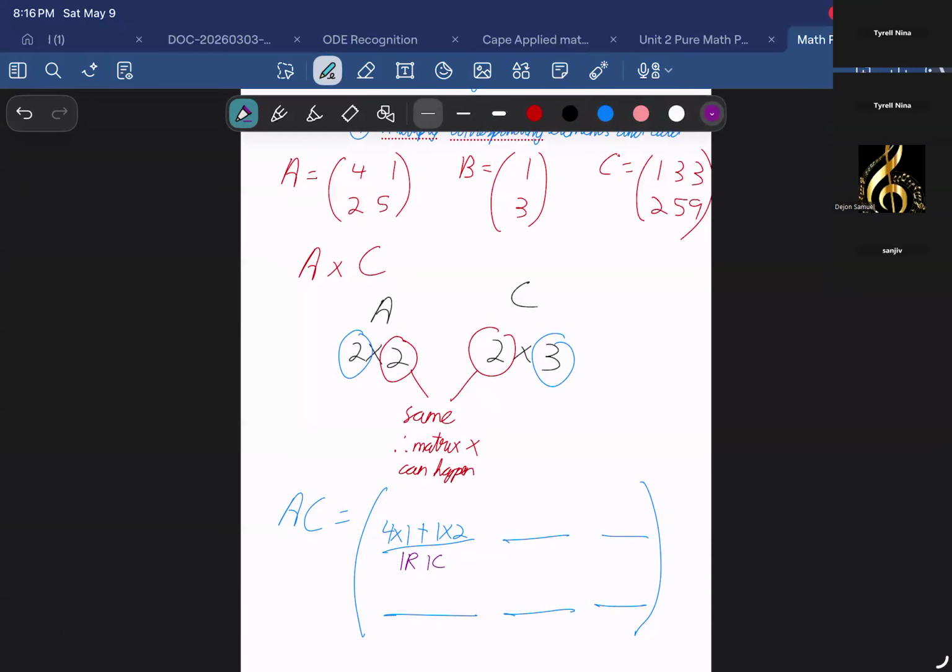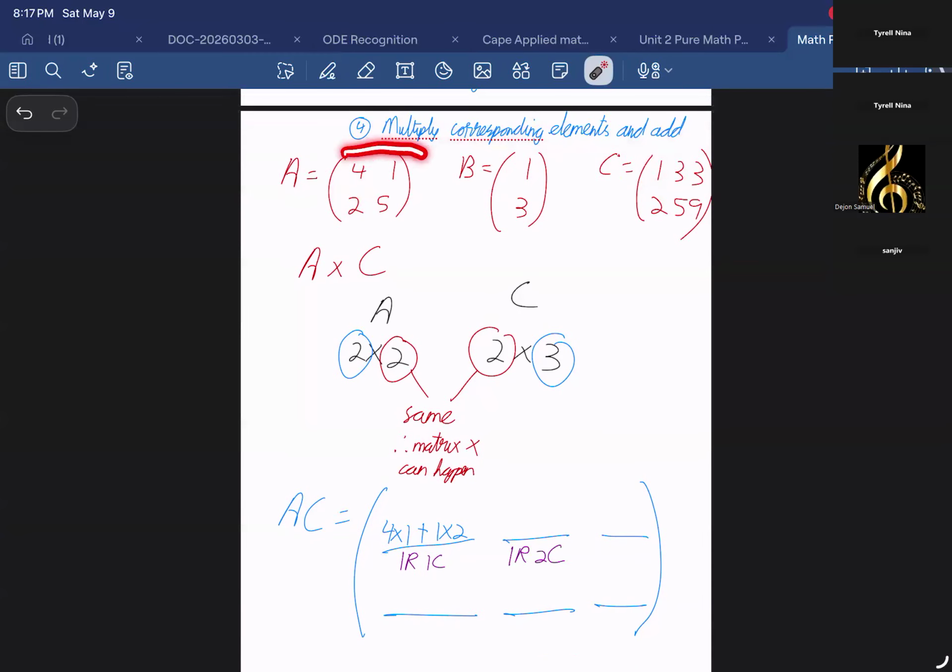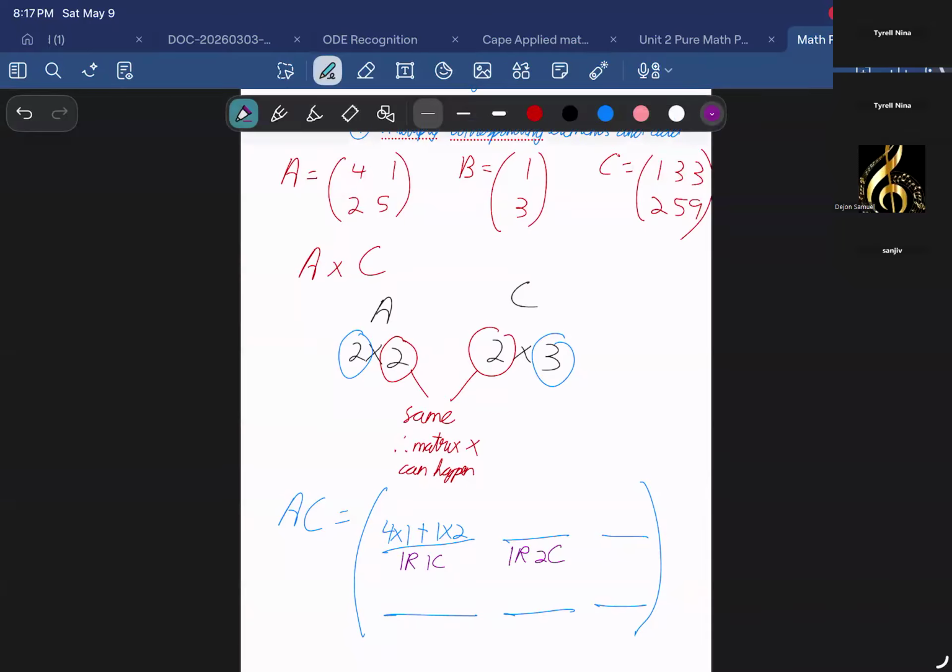This here is still in my first row, but this is my second column. So I am taking my first row of A, multiplying it by the second column of C, which is 4 by 3 plus 1 by 5.